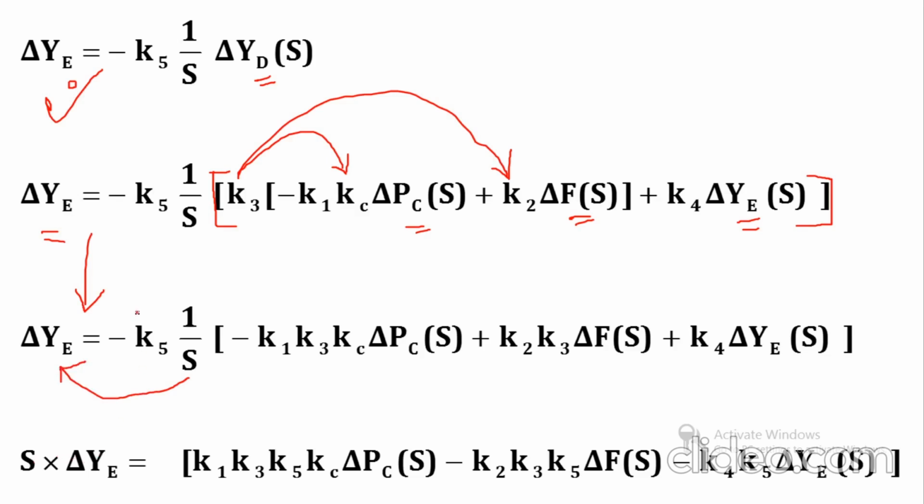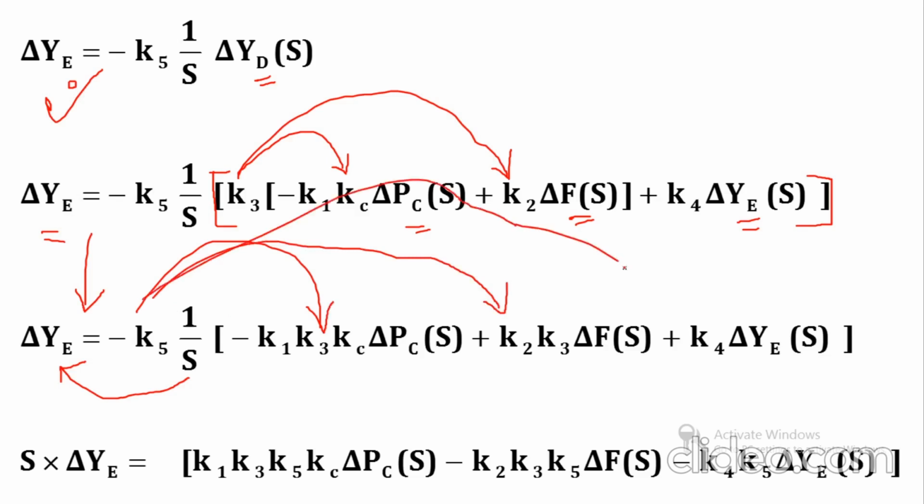Again I will multiply the k5 with all these terms. So over here minus minus becomes plus, k1 k3 k5 kc into delta pc of s. Over here plus minus minus, so k2 k3 k5 into delta f of s. Similarly over here plus minus minus, so k4 k5 into delta ye of s.